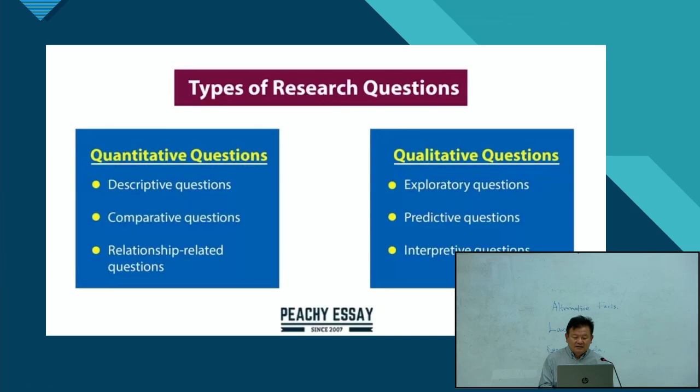On the other hand, qualitative questions are exploratory questions, also predictive questions, forecasting, and also interpretive questions. When these two are mixed, using both kinds of methodology, it is mixed method.